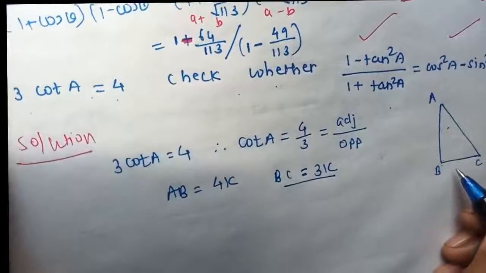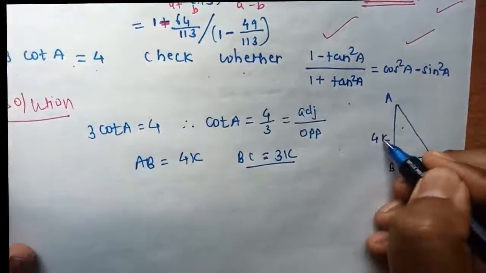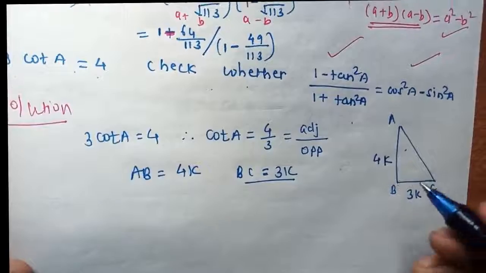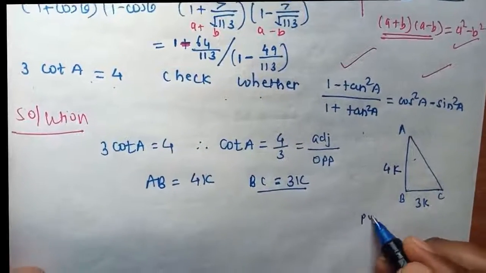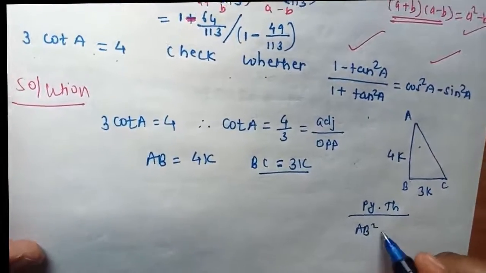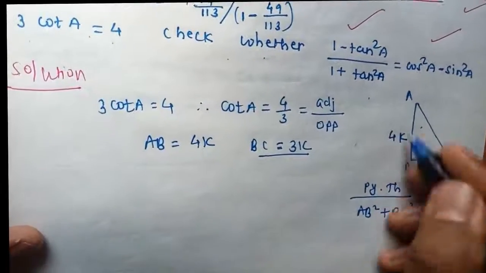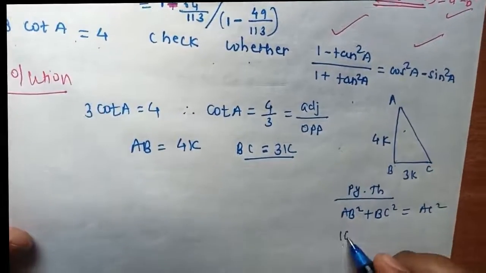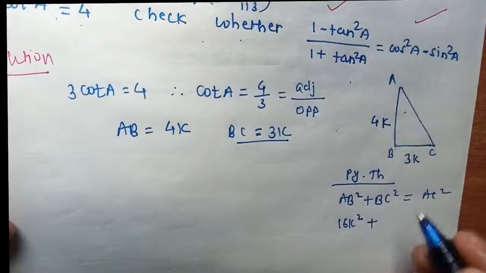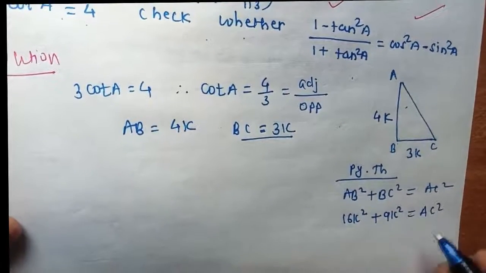So I got this 3K, I got this 4K, and now this AC we have to find out. So again Pythagoras theorem: AB square plus BC square is equal to AC square. AB square, that means 4K square, so 16K square, plus BC square is 3K square, so 9K square, is equal to AC square.